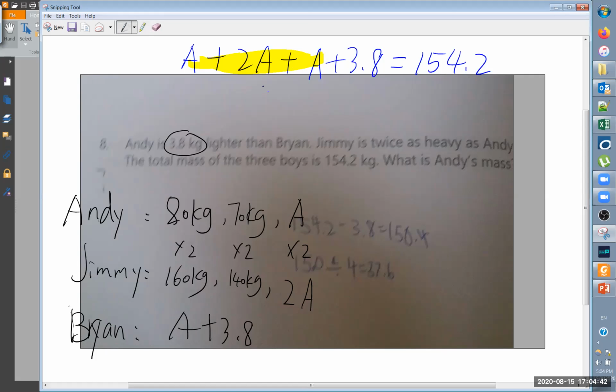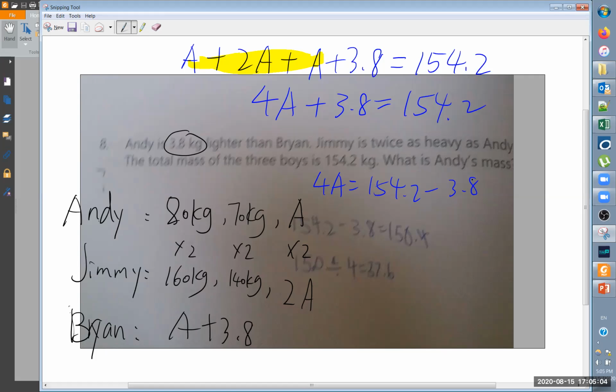So it means this whole thing becomes 4A plus 3.8 equals to 154.2, right? So now 4A is equal to 154.2 minus 3.8. Can you help me out? Use your calculator. 154.2 minus 3.8.